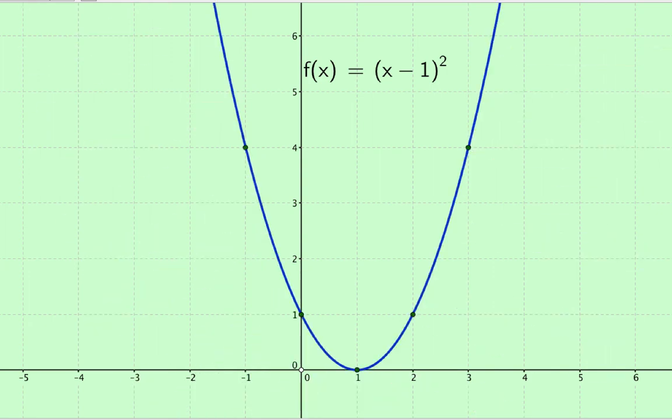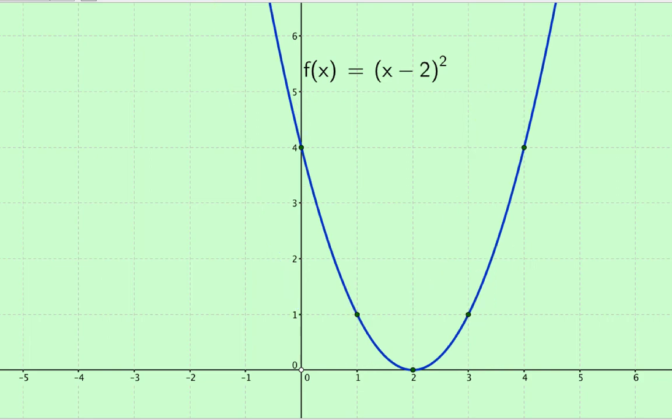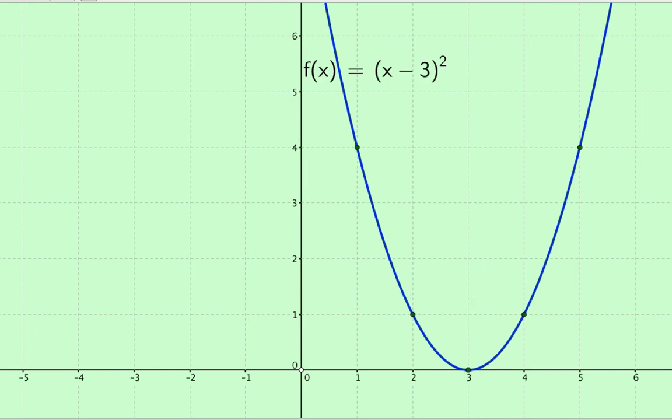As you can see, it's almost the same, except that now the minimum, or where its value is 0 in this case, is at x equals 1. And now I can do this same thing for (x minus 2) squared, (x minus 3) squared, and you see that the function is simply shifting over towards the right.